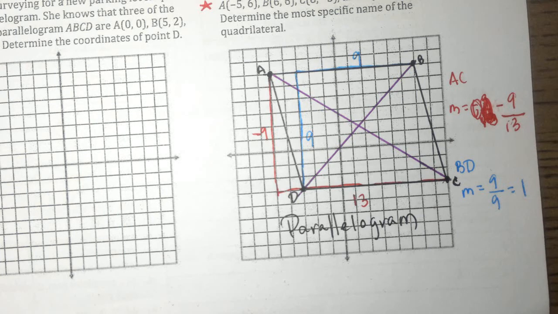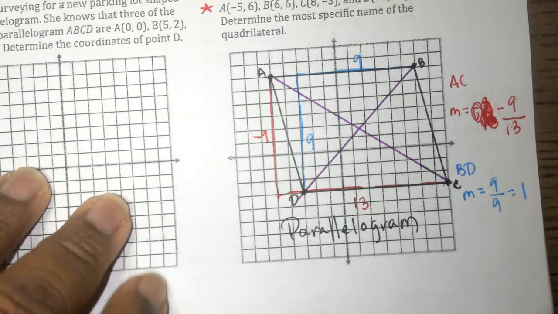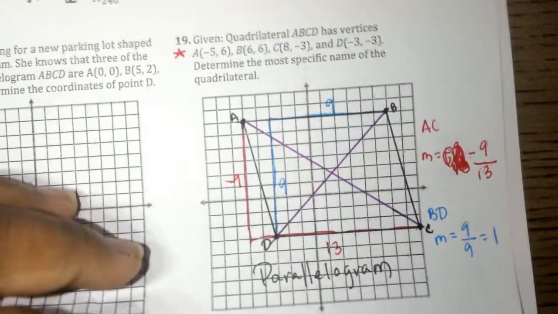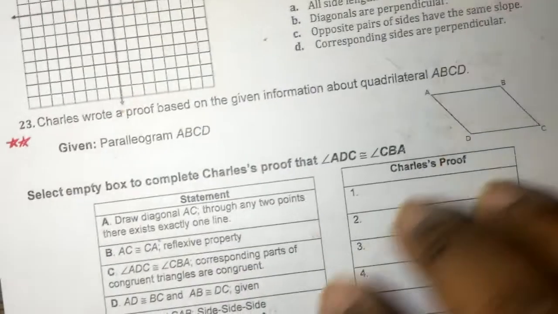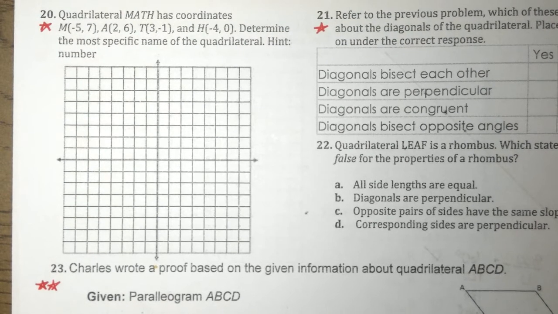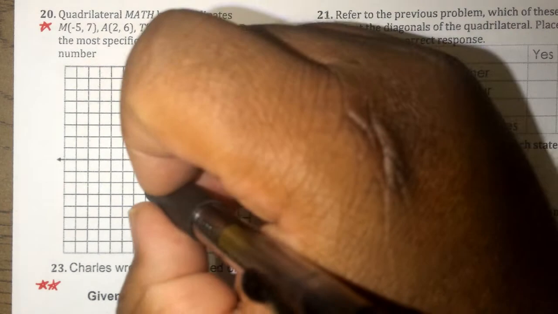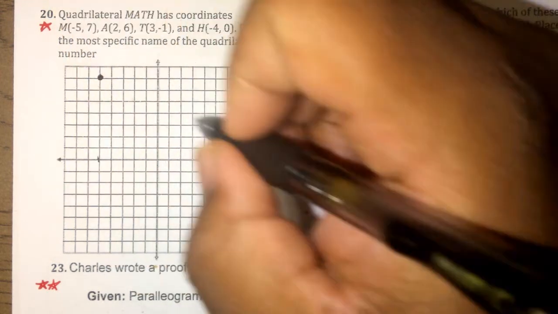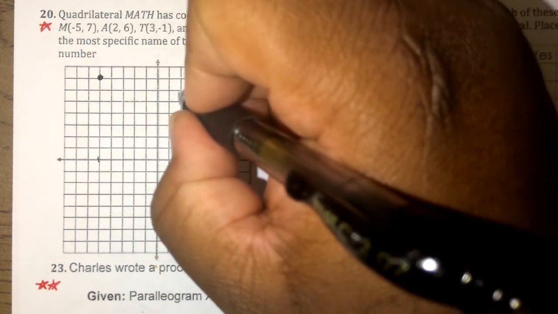I want to show you the difference now. Alright, going to the next one, number 20, asking us to do the same thing. Tell which quadrilateral this is. Graph it real quick. Negative 5, up 7, 2, 6.